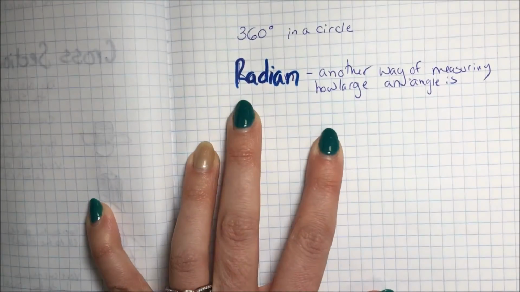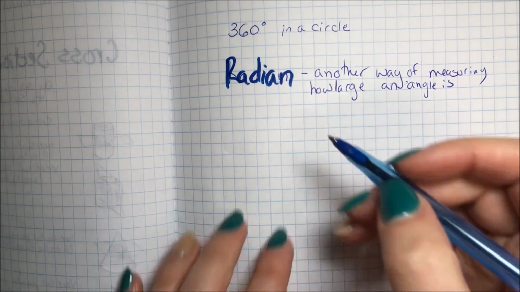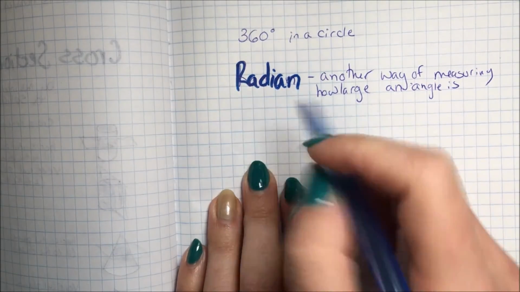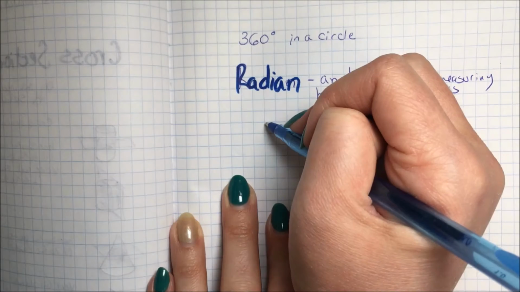Okay, and we get this word radian from radius, and what it comes from is when we go back to that unit circle. Remember how we made like a circle with a radius of 1?